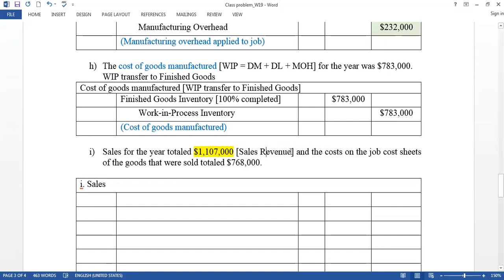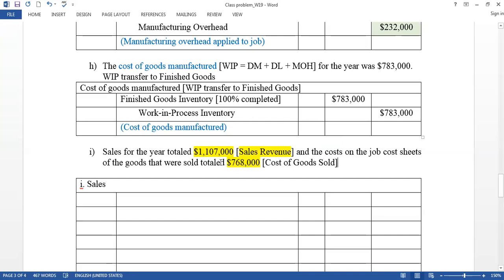And if you remember last class, I told you that when we record sales revenue, we should immediately record our cost, right? So this is the revenue we receive from other people. We sell our product and other people give us this money, right? But we produce this product, and to produce this product, this is our cost. So this item is called cost of goods sold.